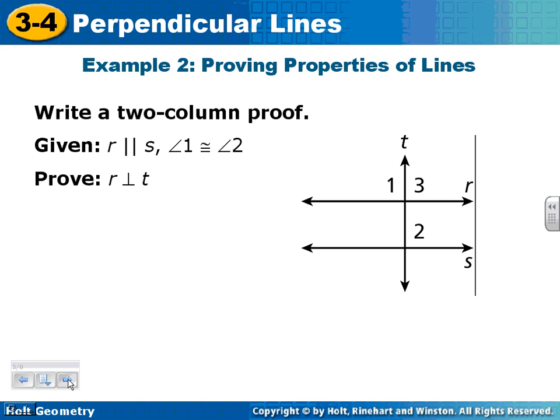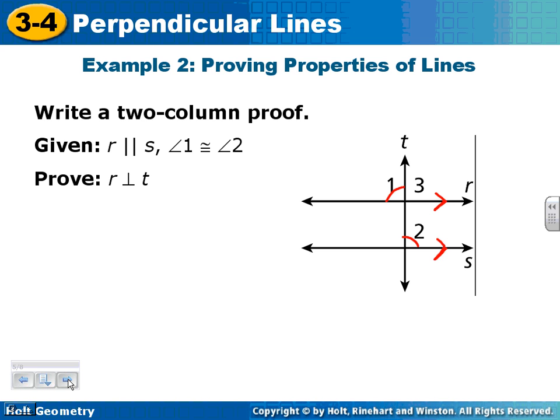Now, we're not going to really write a two-column proof, but I do want to talk about this. It says, given R is parallel to S and angle 1 is congruent to angle 2. Let's go mark that. Well, R and S are parallel, so we put these little arrows on there. And angle 1 is congruent to angle 2.